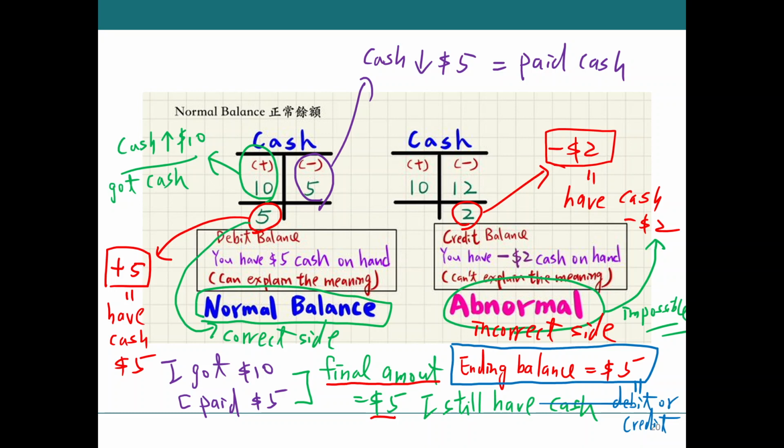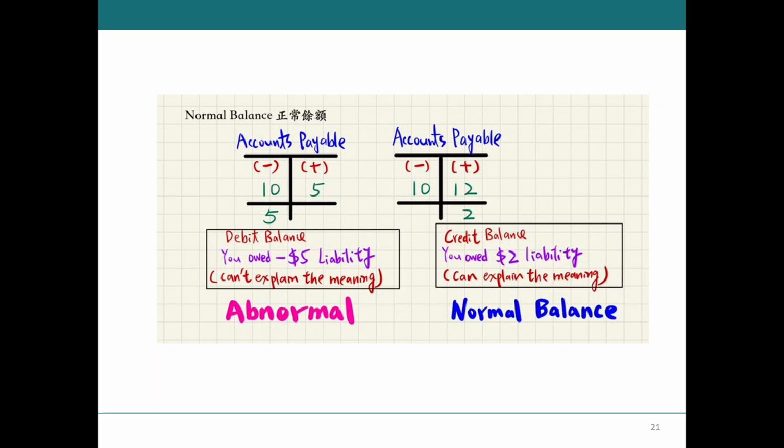How about liabilities? Page 21. Let's look at liabilities. Accounts payable means what? You owe someone money, but you give them an oral promise, right? I promise you I'm going to pay you money back, but I didn't write down anything.